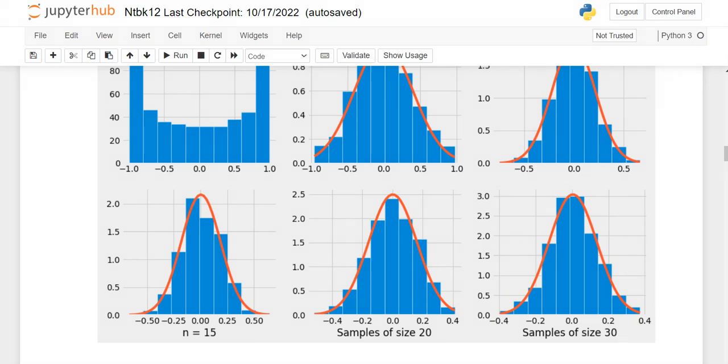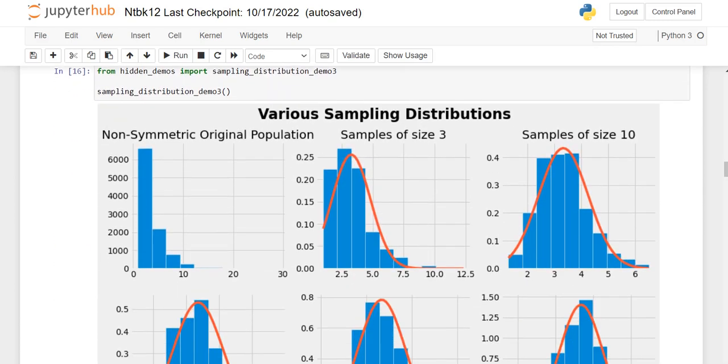All right. So moving down, what's next? What about a distribution that's very wacky? We don't have a bell-shaped distribution, and it's not symmetric. It's sort of like a half bell. We've got this sort of ski jump look to our distribution here.